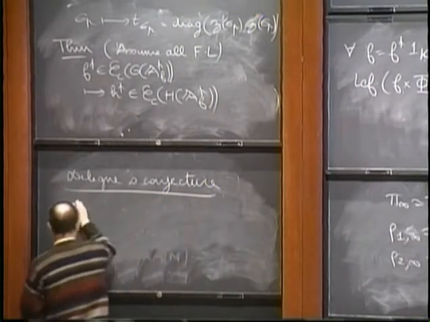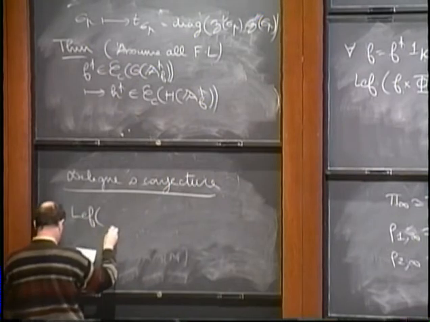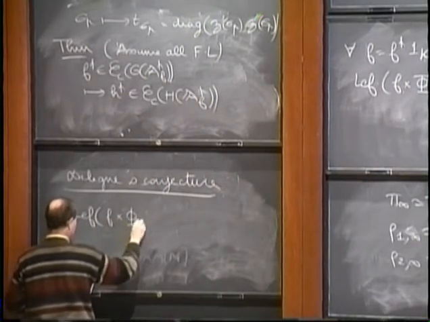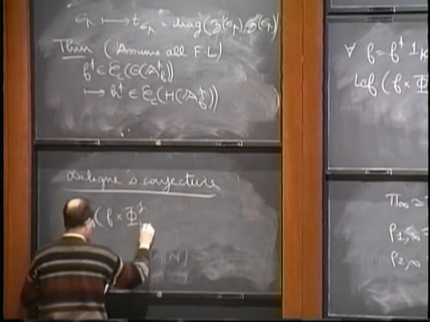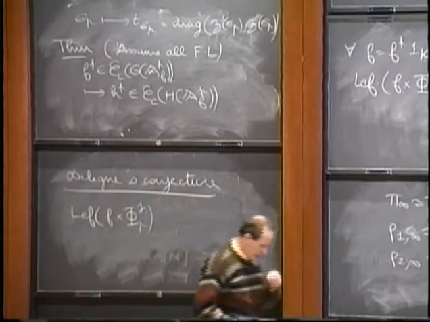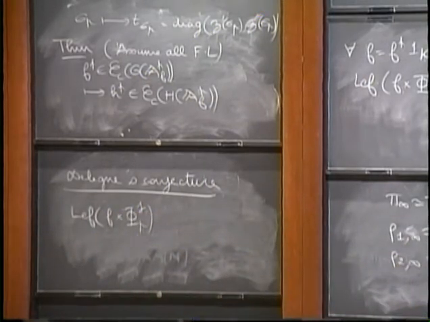So we have this Lefschetz number, which is written as a trace. And the goal of the Lefschetz trace formula is to formulate it as a number of fixed points.